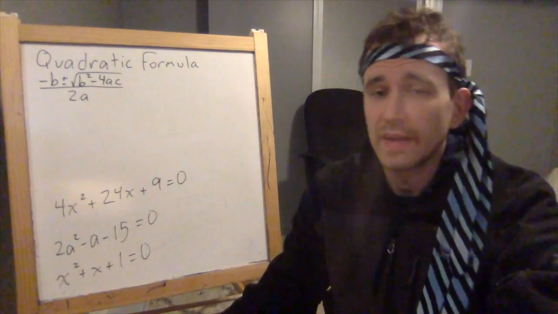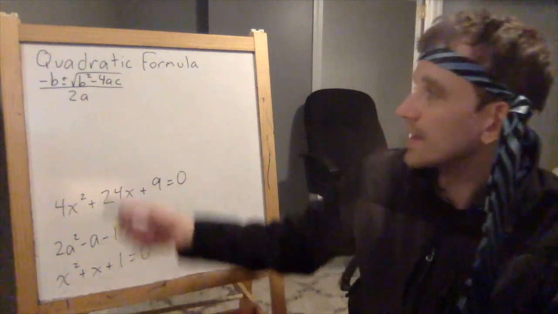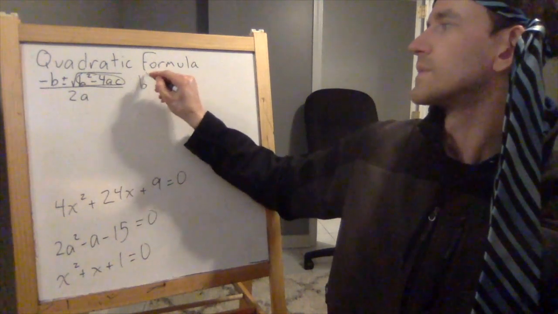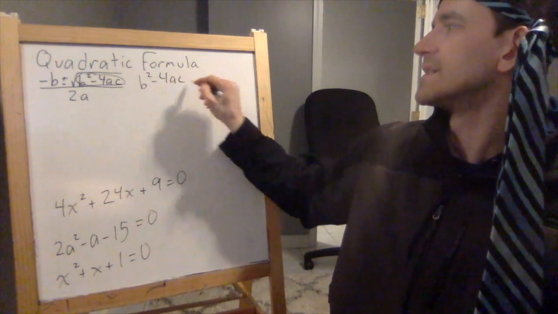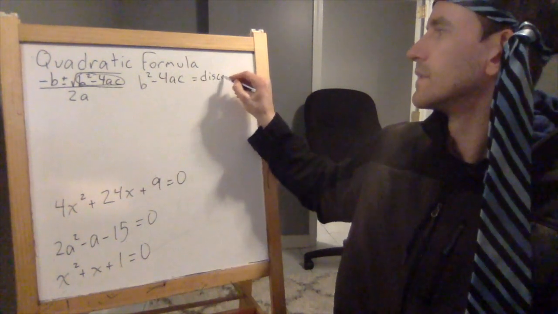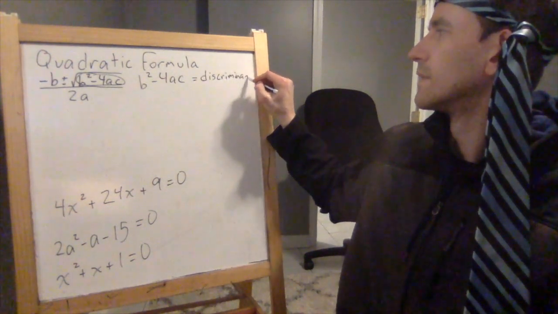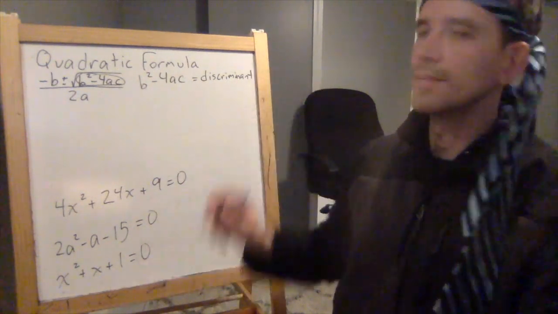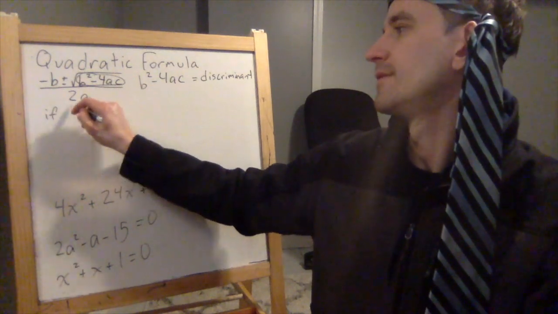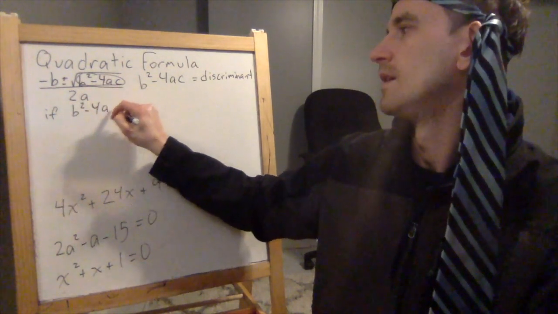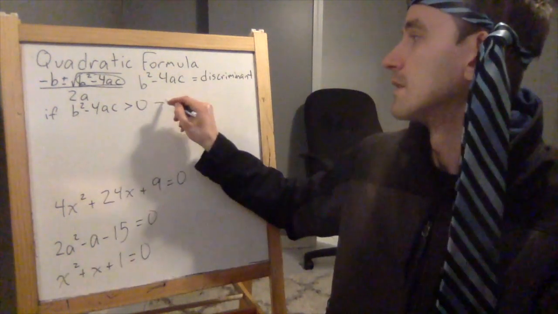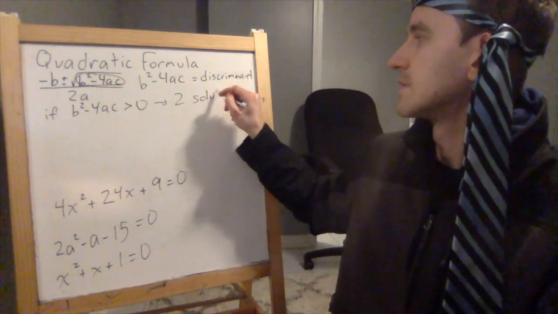Now, if we just want to find out how many solutions a quadratic equation has, we can take part of the quadratic formula, this part under here, this b squared minus 4ac, that's called the discriminant. And the discriminant tells you how many solutions the quadratic equation has. If that discriminant is bigger than 0, there are 2 solutions.